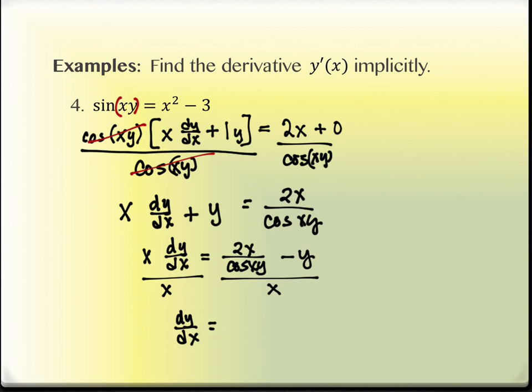So I'd like to propose on the right-hand side that instead of writing it as division by x, I write it as multiplication of something different. What is the same thing as dividing by x? Multiplying it by 1 over x. So I'm going to rewrite that step so you see it.